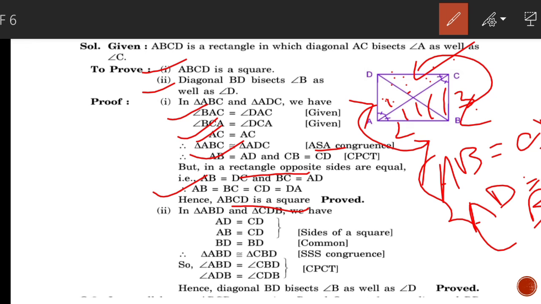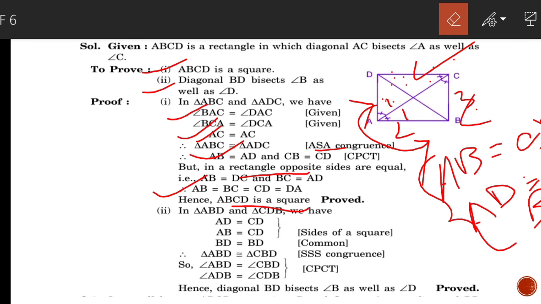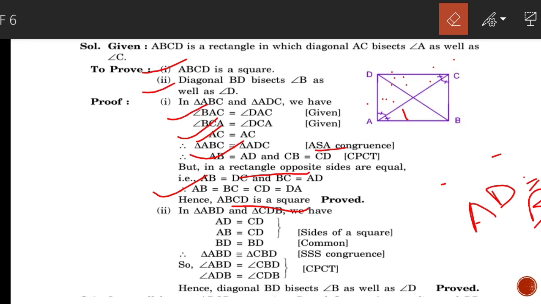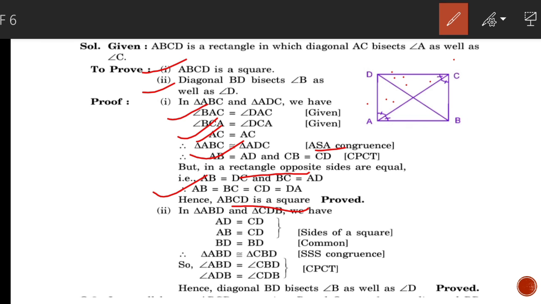Now we have to prove angle B and angle D are bisected by the diagonal BD. Here we will again consider the triangle ABD and this dotted triangle BCD.